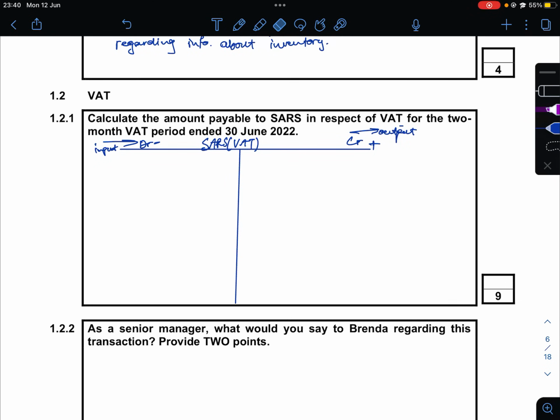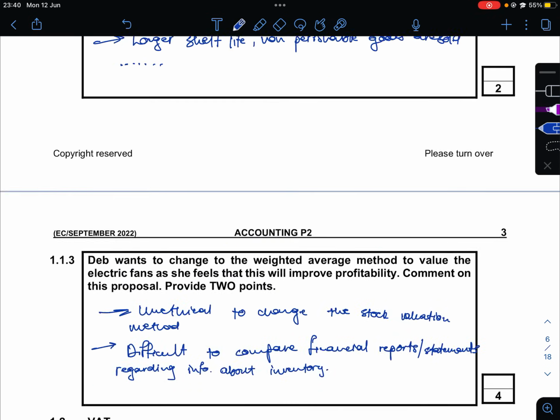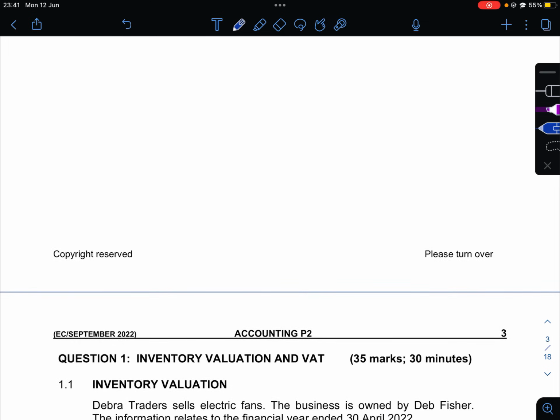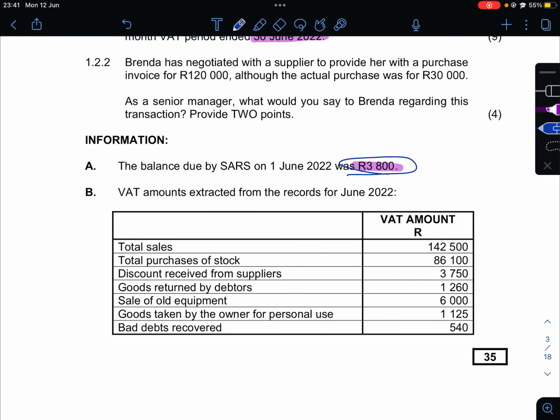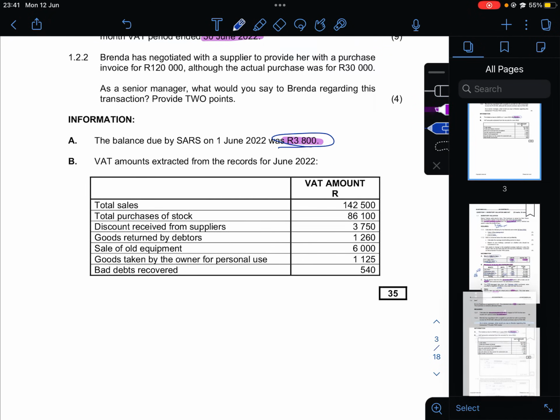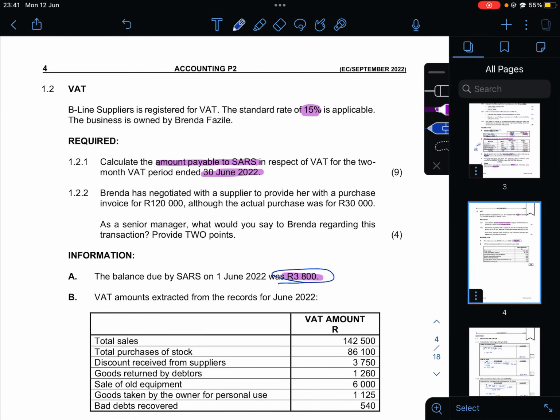That's just another simple trick you can use when you are confused. Okay, so where do my outputs go? Where do my inputs go? Okay. And then you go to your information, you read. Let me just move this page a little bit closer to our answer book. Cool.